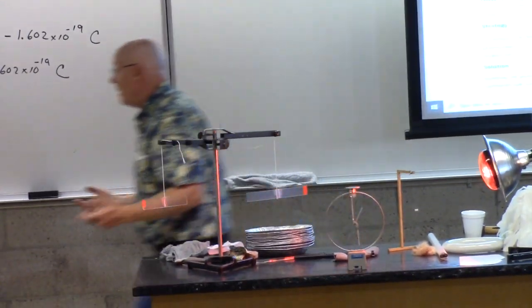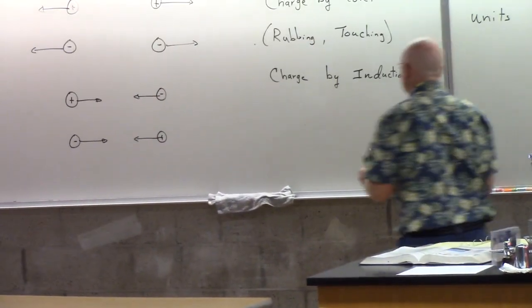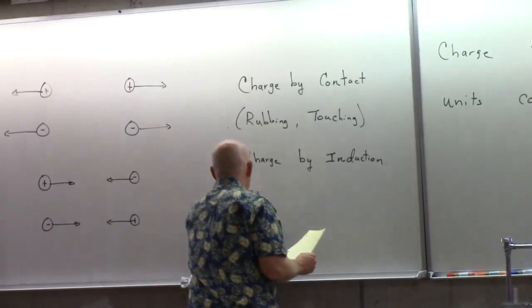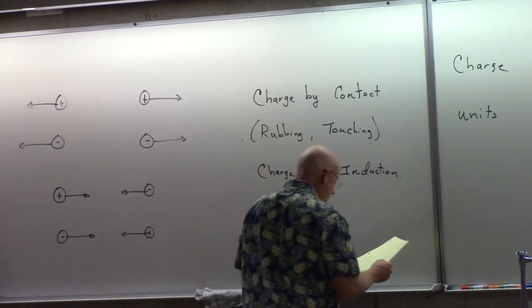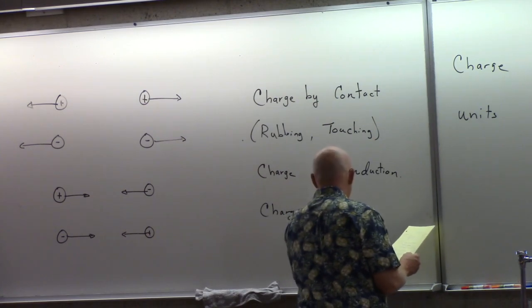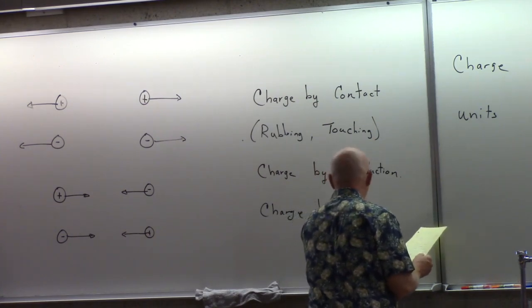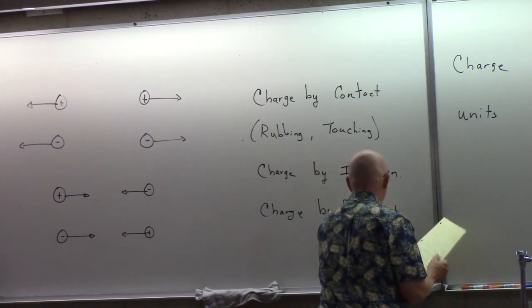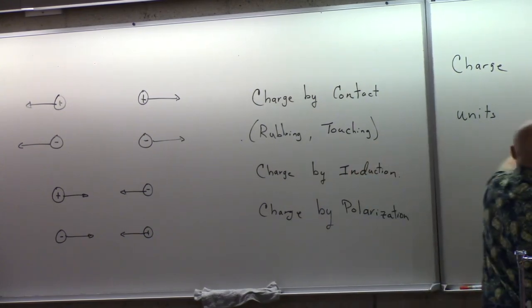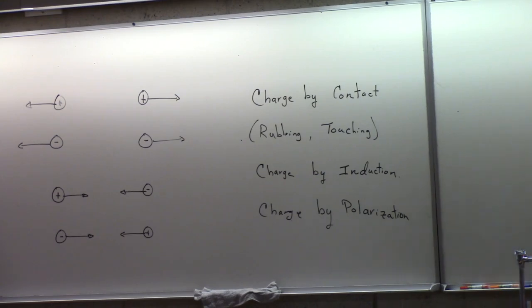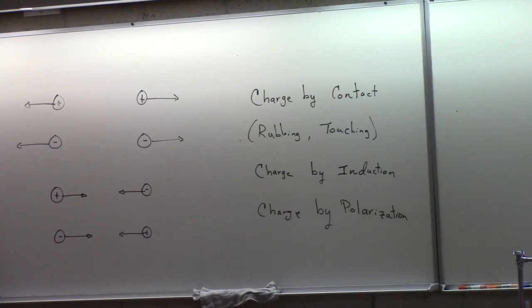And that's because, again, we're seeing quite a few things in action here. One of them is the third piece, which is charged by polarization. But we're also seeing the effect of a conductor versus an insulator.